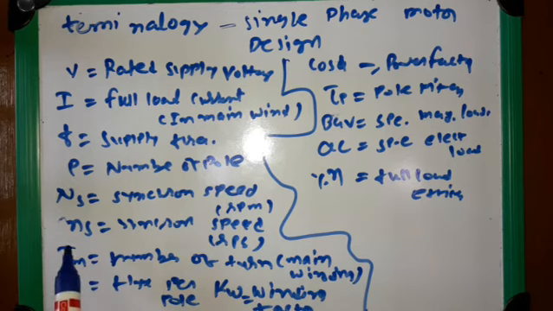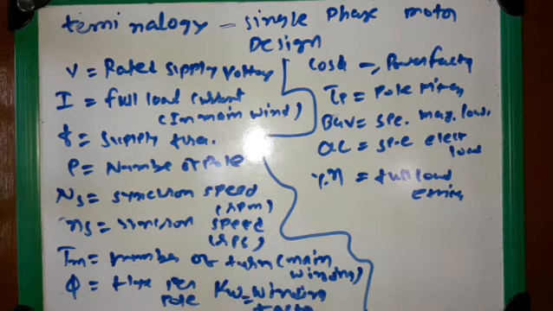Small ns is the synchronous speed in RPS. Tm is the number of turns for the main winding. Phi is the flux per pole. Kw is the winding factor, which we find by multiplication of the pitch factor and the distribution factor.